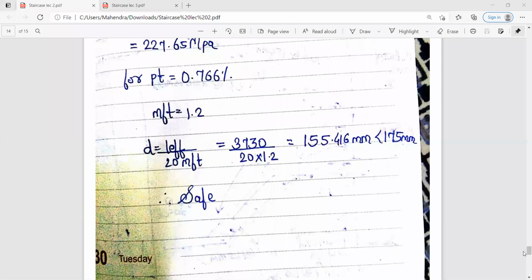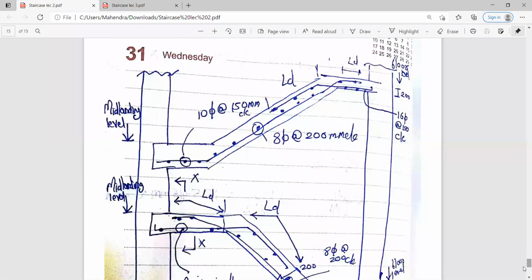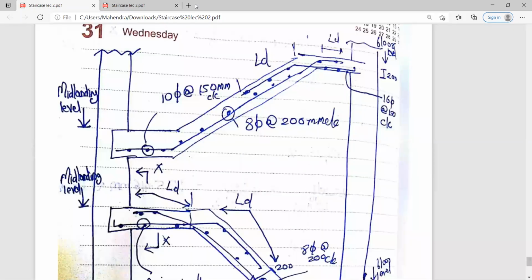Now proceeding with the design. As you can check, those who were present in the last lecture, 10 phi at the rate of 150 mm center to center. This is nothing but the main reinforcement that you provided for the flight.